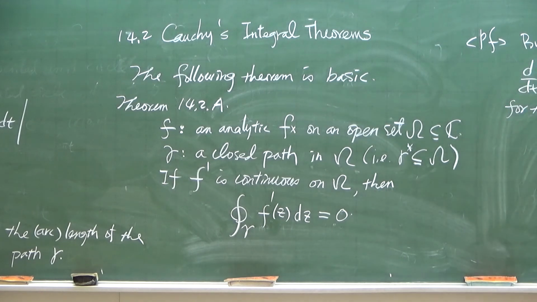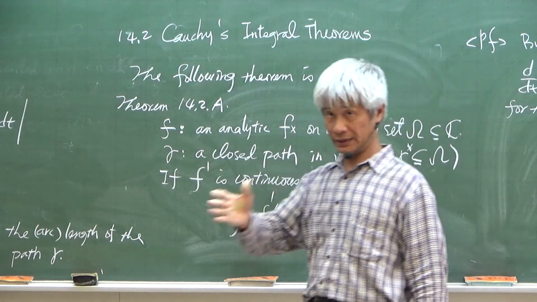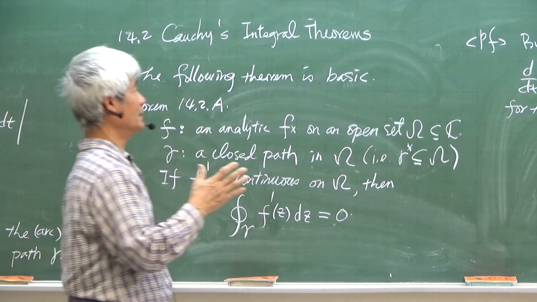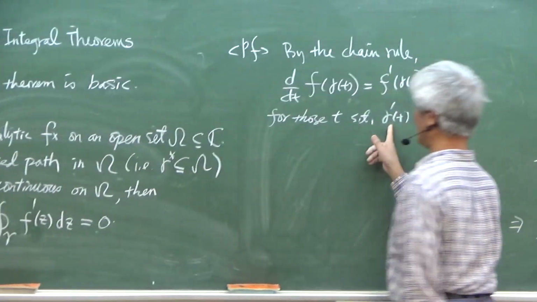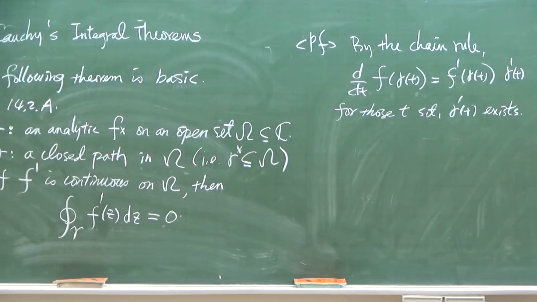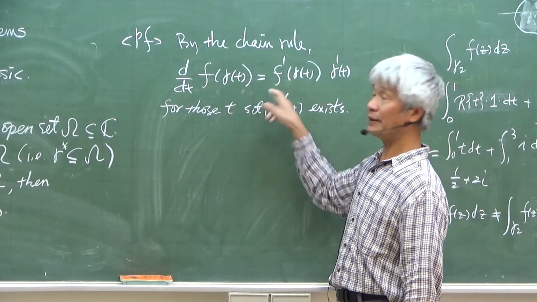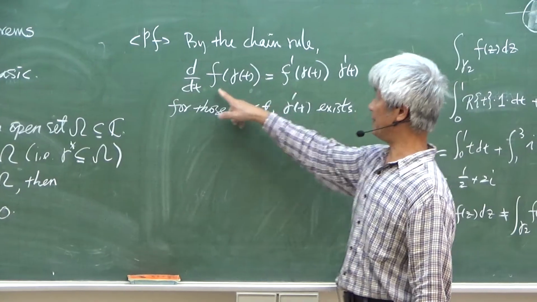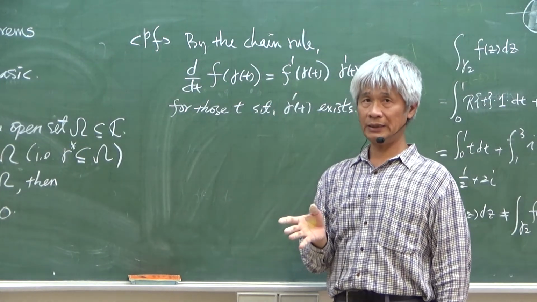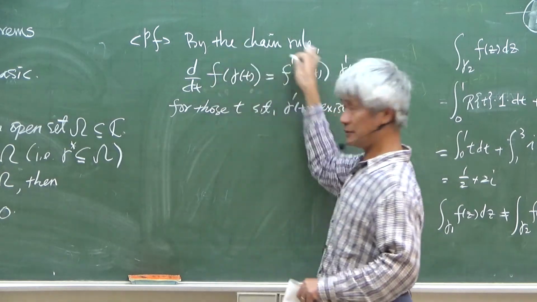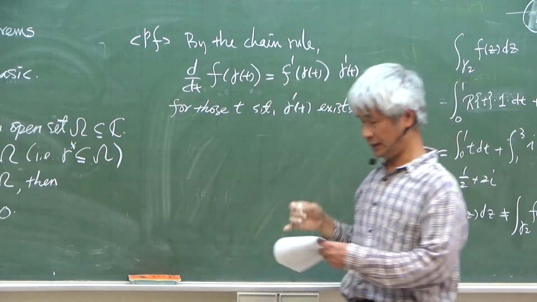Because gamma is a path, and a path is only piecewise continuously differentiable, so maybe at some t the derivative of gamma does not exist. But if it does exist, then we have the chain rule, because f is differentiable. So first of all, this is from the chain rule.